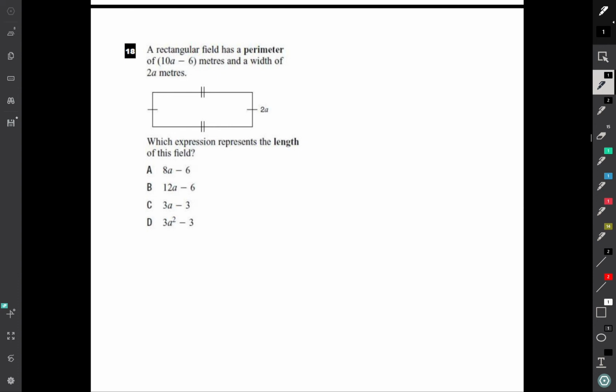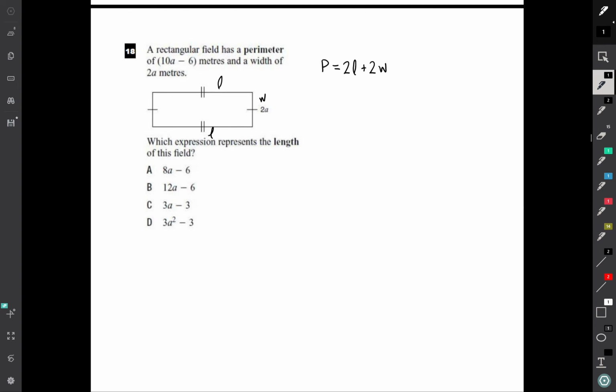Perimeter is just adding up the side lengths. We call this the width and we call this the length. So perimeter is equal to 2 times the length, plus 2 times the width.